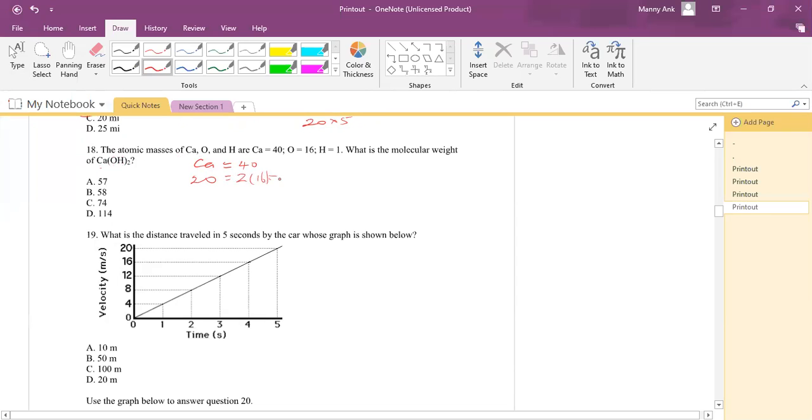So 2 times 16, so that would be 32. And then you have 2 hydrogens. So 2 times the weight of hydrogen. So this is 2. So the molecular weight is adding all the weights. If you add all these, you get 74. So molecular weight of 74.